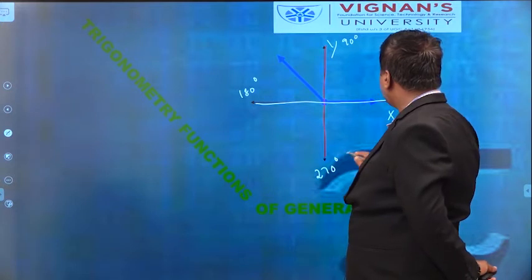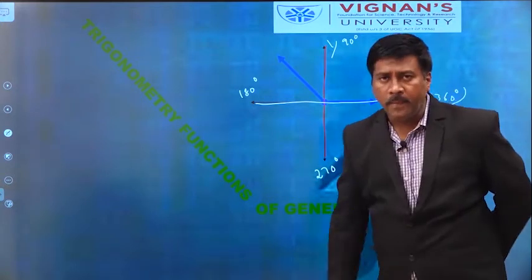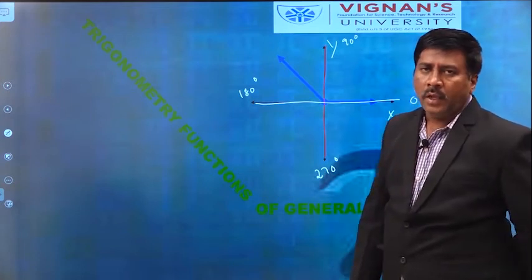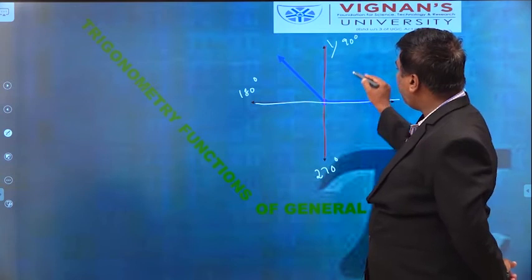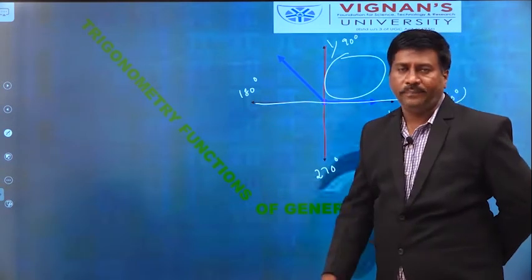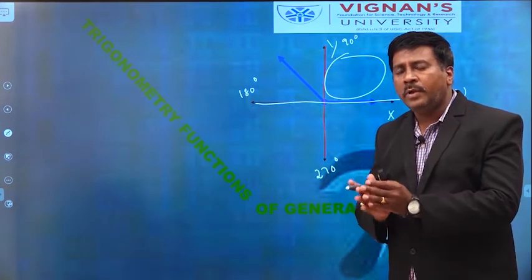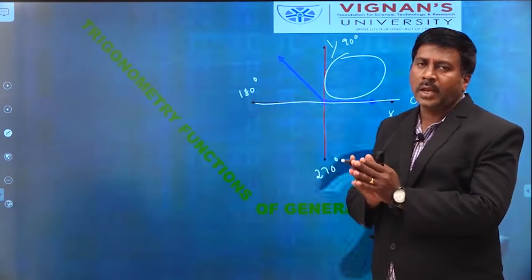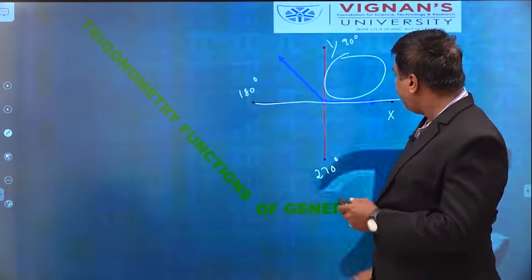Again, that is 360 degrees. Suppose theta is the angle made. Between 0 and 90, that is called an acute angle. Greater than 90 is called an obtuse angle.